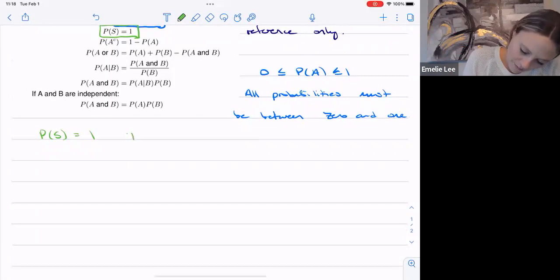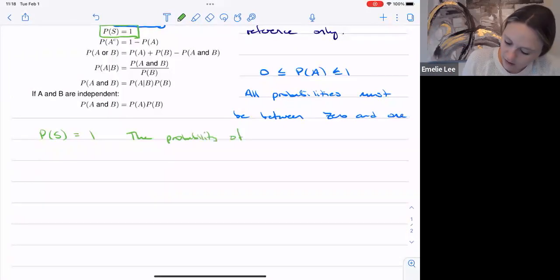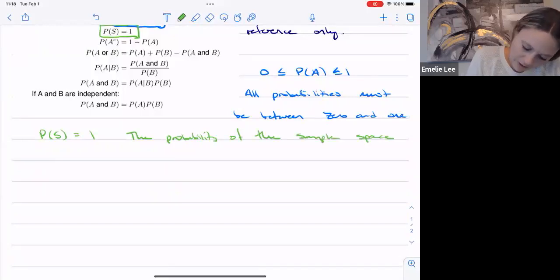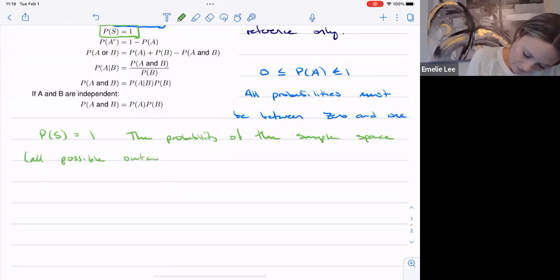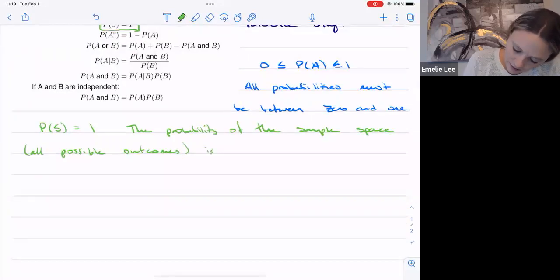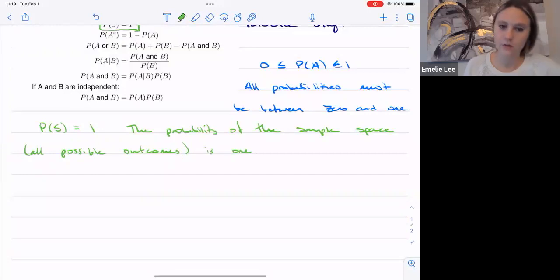So the probability of the sample space, which is all possible outcomes, is 1, right?